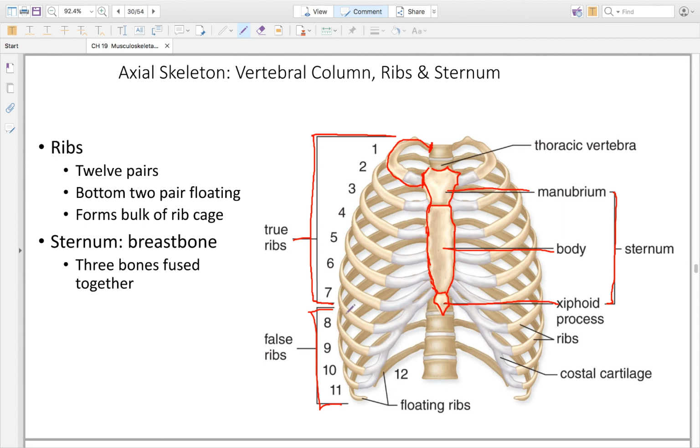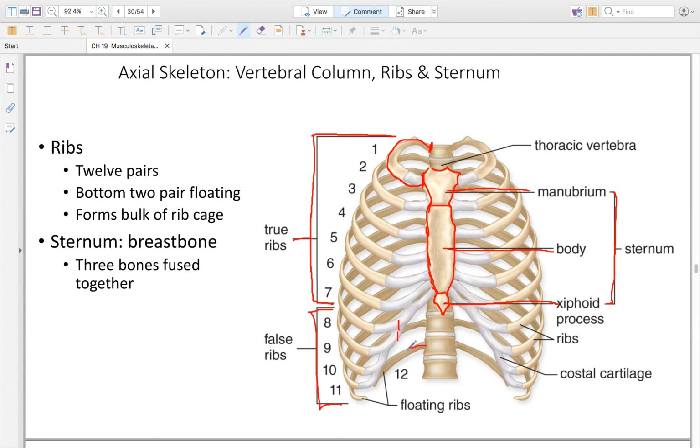Now, the false ribs are not directly connected to the sternum. In fact, they're connected to quite a bit of cartilage, and if I were to show you exactly where they end, they end right there, and the rest of it's cartilage. That's why they're called false ribs.